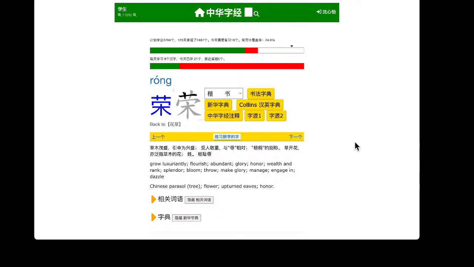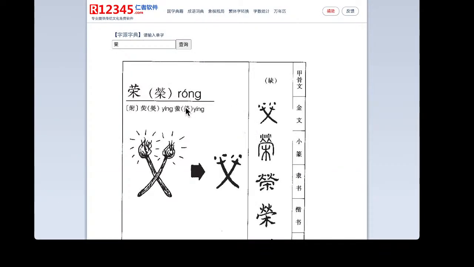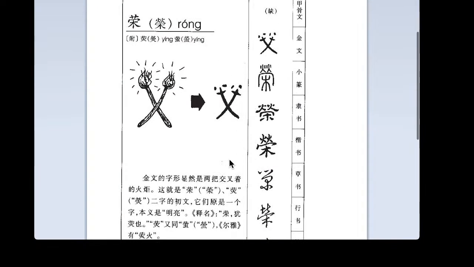Okay. So let's take a look at the character itself. This one you can see the oracle bones. It looks like two torches crossing each other, two torches. Okay, and so this character, the original meaning, means bright, shiny. And so that's why it actually refers to a person being respected, praised, and reputable.